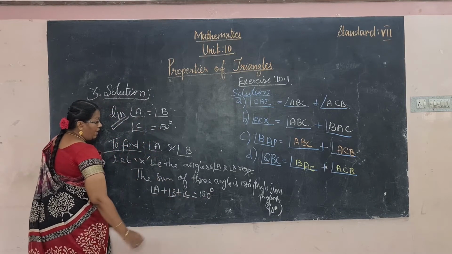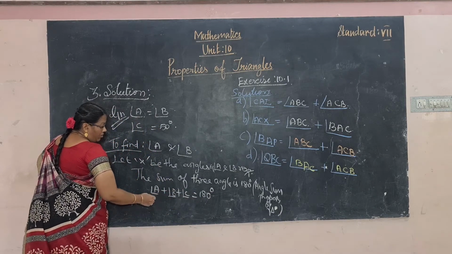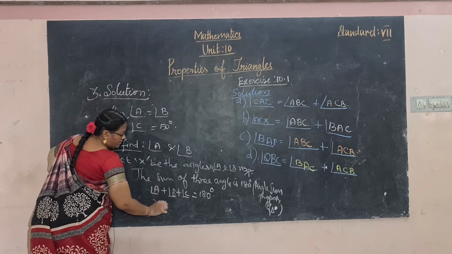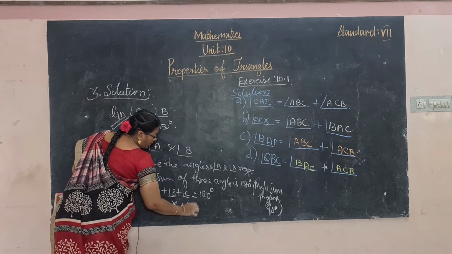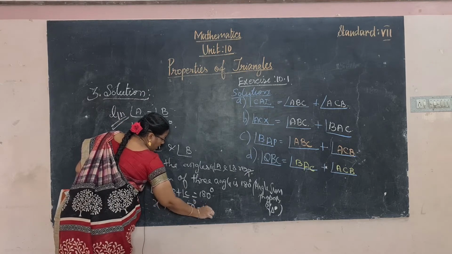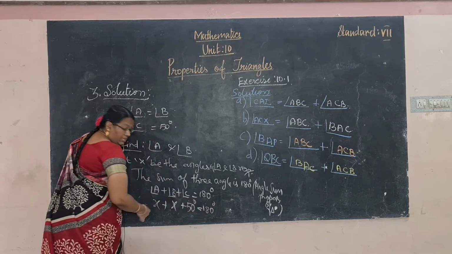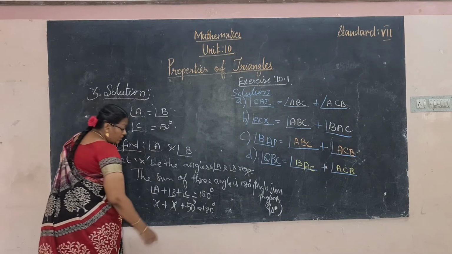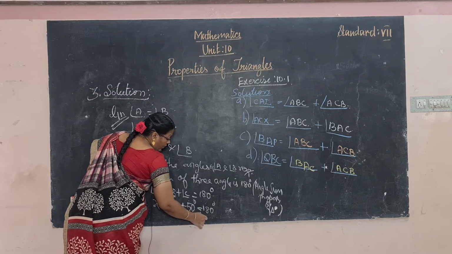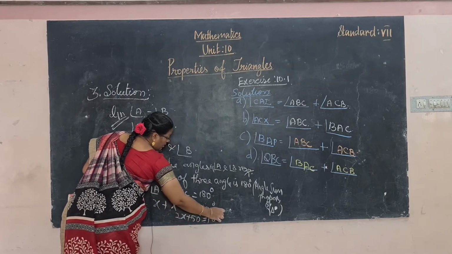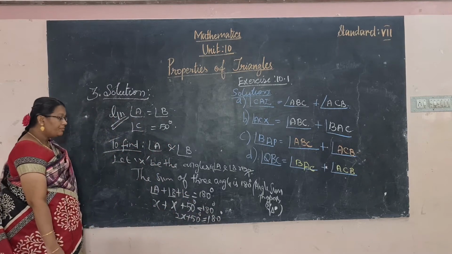Angle A and B are equal, so we consider X. So X plus X plus angle C value 50 degrees equals 180 degrees. These two are like terms, so 2X plus 50 degrees equals 180 degrees.